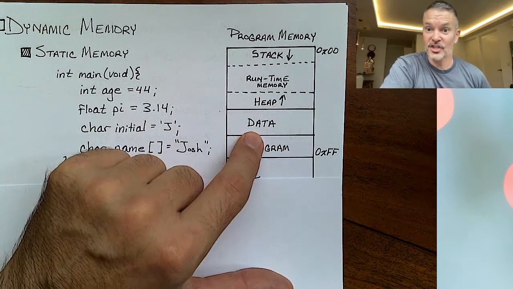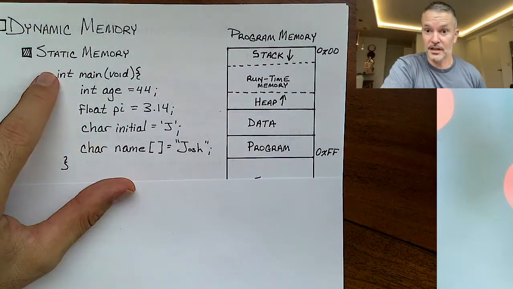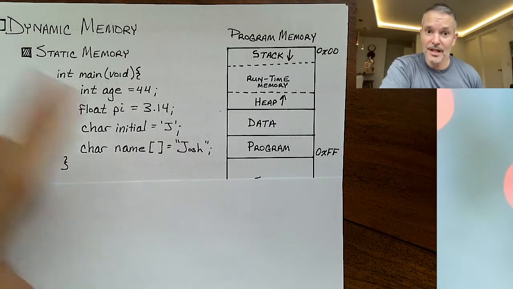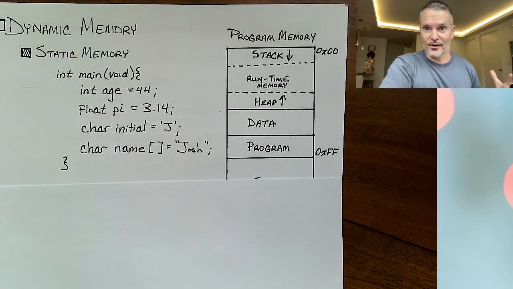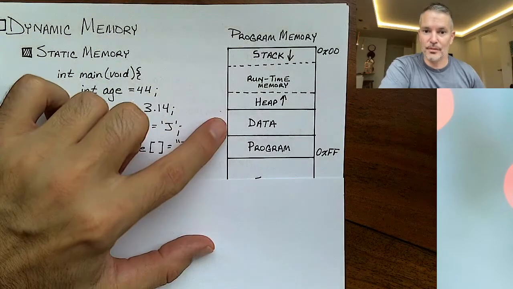Next, there's a section of memory that gets dedicated to all the variables that you've declared in your program. All of your constants that are outside the main function, plus everything that you've defined inside the main function, and in any of your libraries, gets allocated and placed into memory.